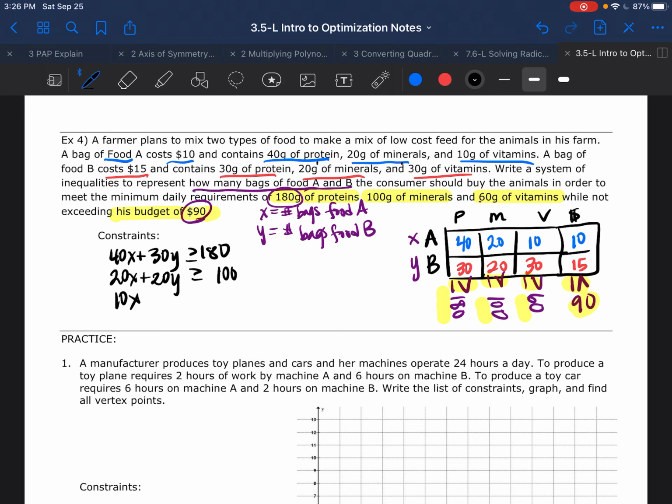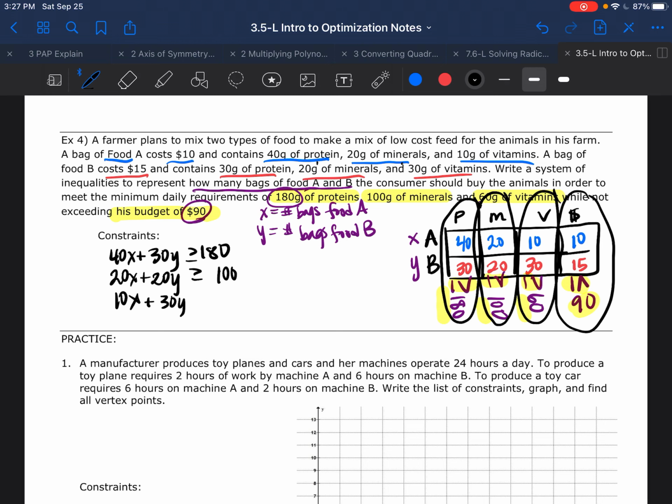And then 10X, so this is protein, minerals, vitamins, money. 10X plus 30Y has to be greater than or equal to 60. All those minimum requirements of protein, minerals, and vitamins. And then for our budget, 10X plus 15Y is less than or equal to 90. That's from this last column over here.